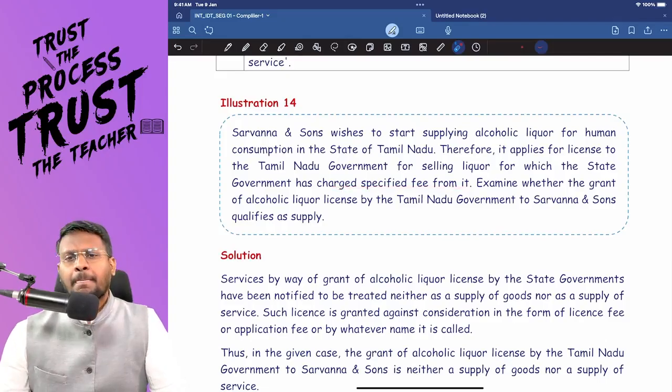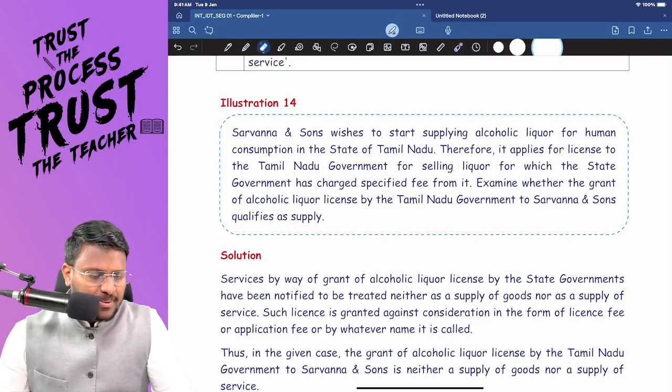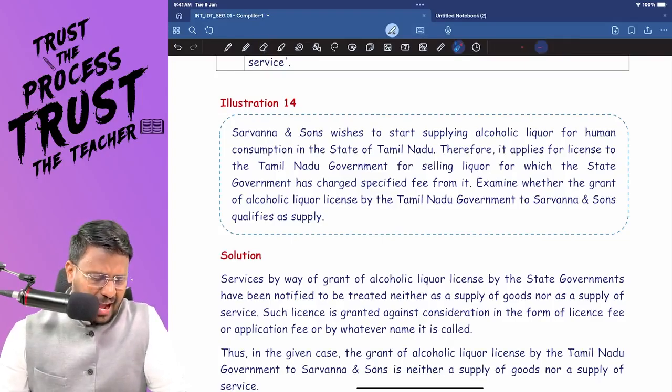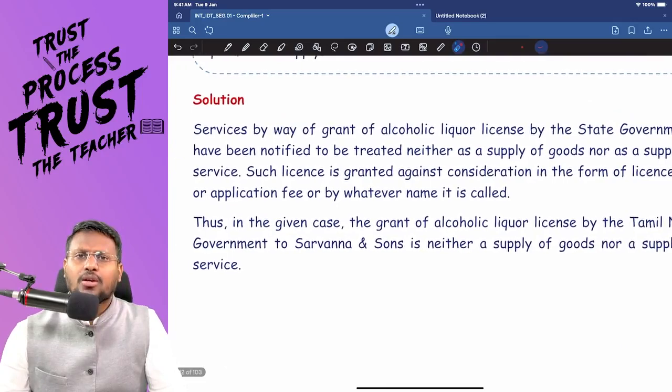If a state government has given a liquor license and received any consideration for it, that will be treated neither as supply of goods nor as supply of services. Examine whether the grant of an alcoholic liquor license by the Tamil Nadu government to Saravana and Sons qualifies as supply. You tell me whether it will qualify as supply or not.